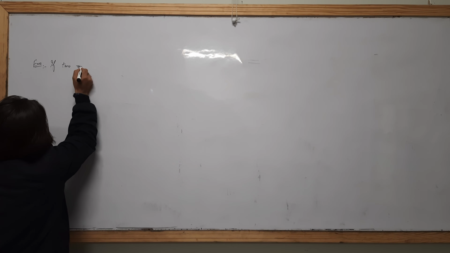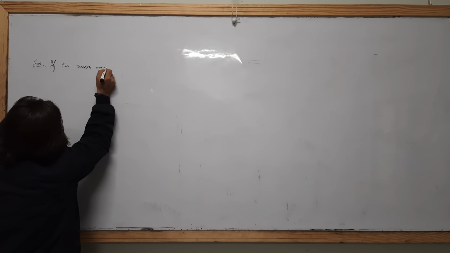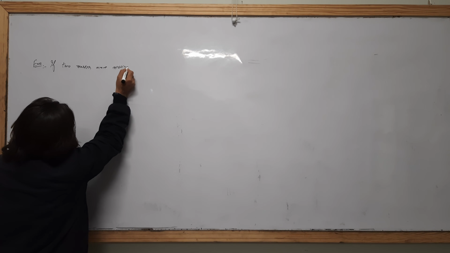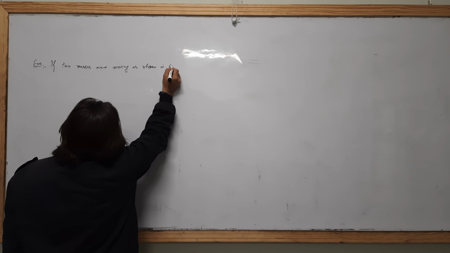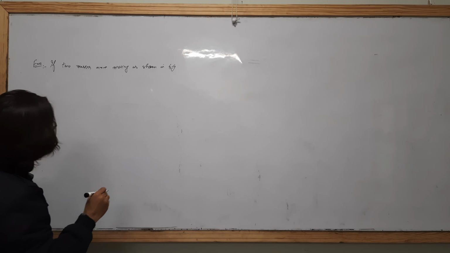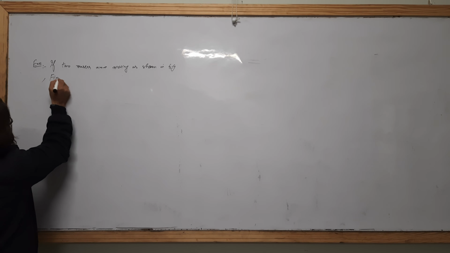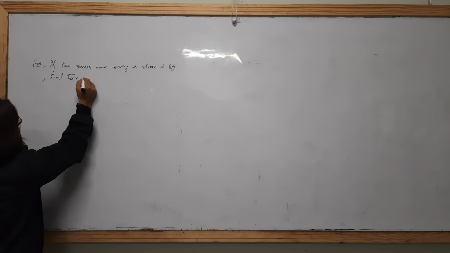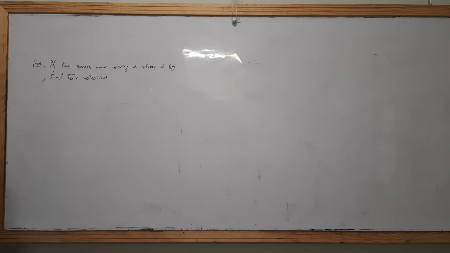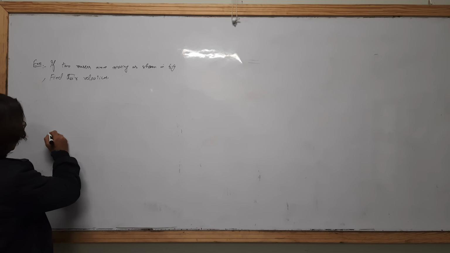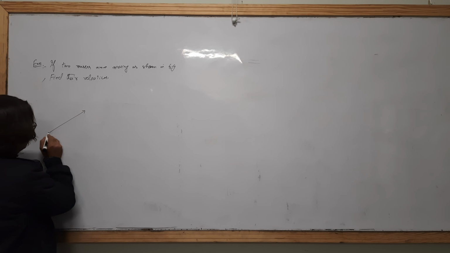If two masses are moving as shown in the figure, find their velocities.